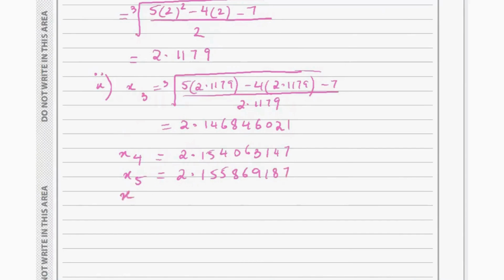Then I'm going to repeat it again by putting x5 in the formula to get x6, which is going to be 2.156321484. Again repeated, x7 is going to be 2.156434777.